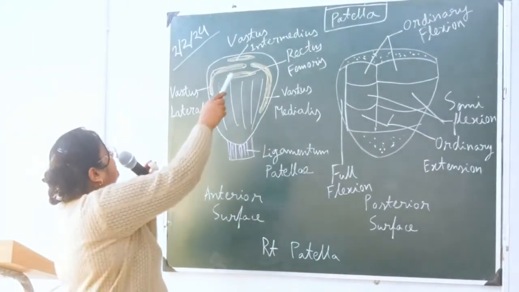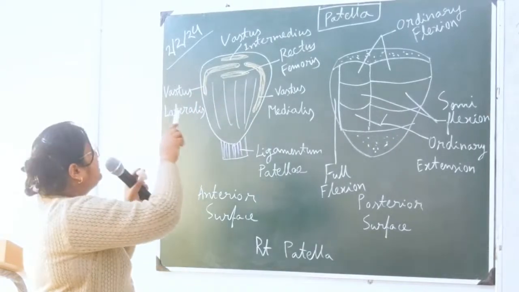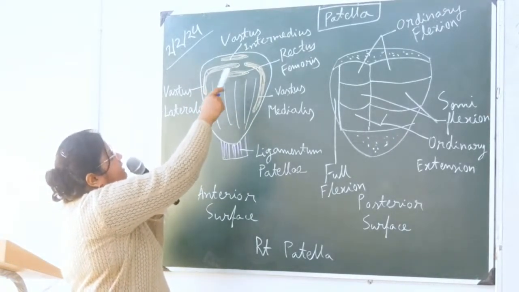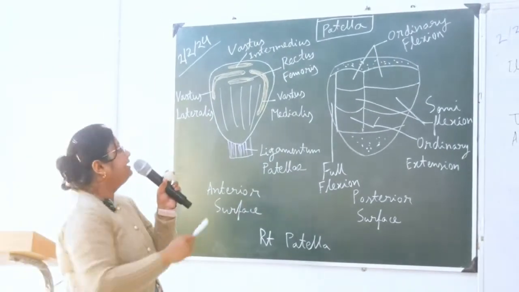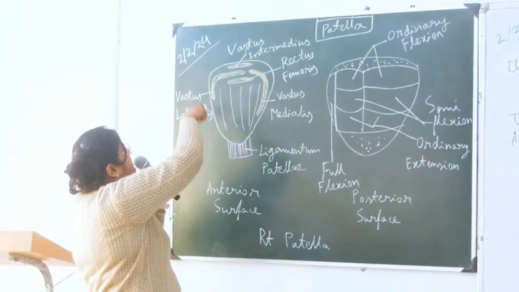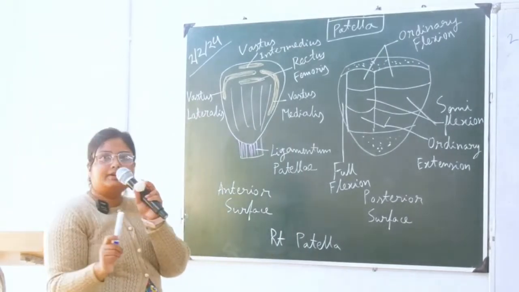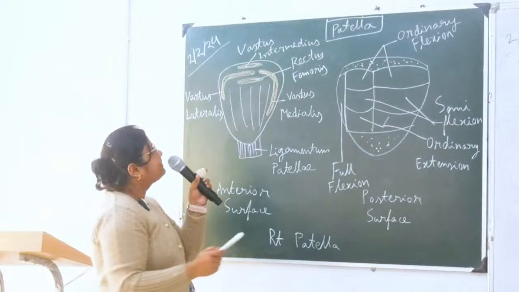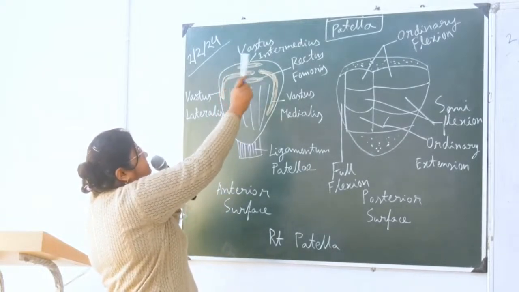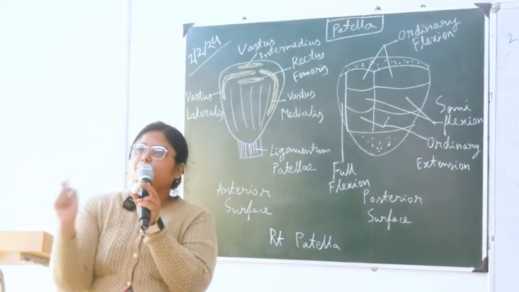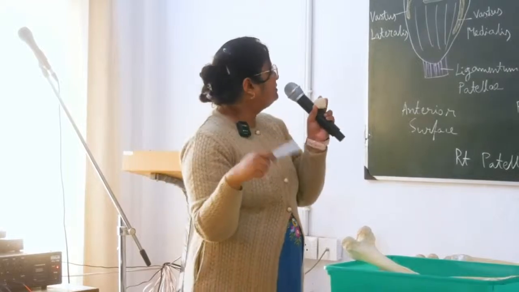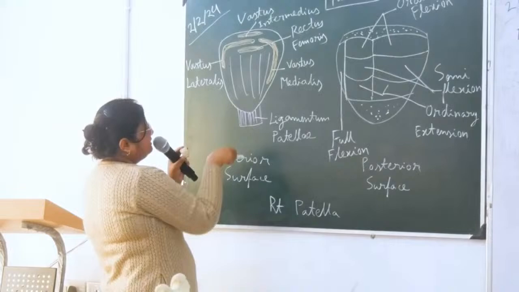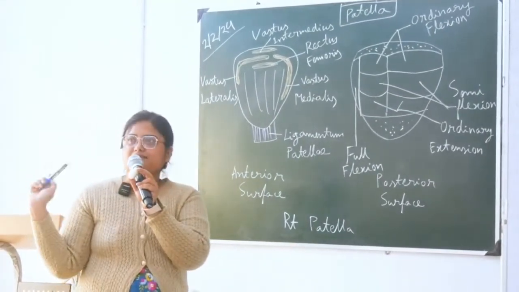Vastus lateralis is attached to the lateral 2/3 of the base and the upper 1/3 of the lateral border of the patella. Posterior most there is attachment of vastus intermedius. These 4 muscles together form the quadriceps femoris, in whose tendon the patella is formed, and this ligamentum patellae is also an extension of the tendon of the quadriceps femoris.